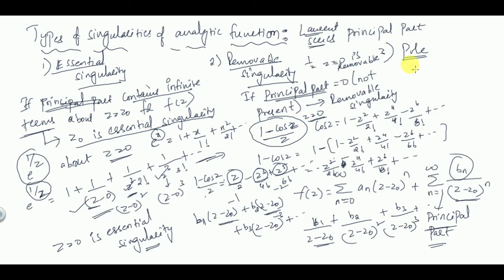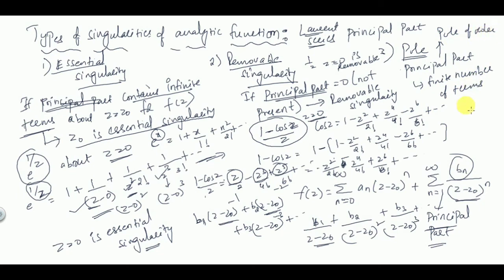So a pole is, if the principal part is containing a finite number of terms. Okay, finite number of terms, then it is called a pole of order m.